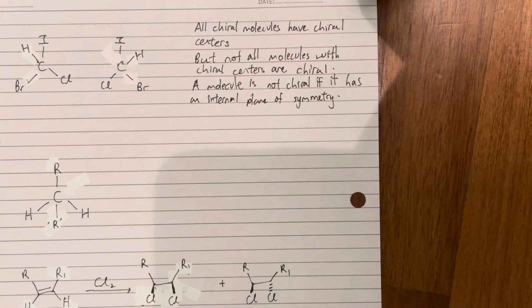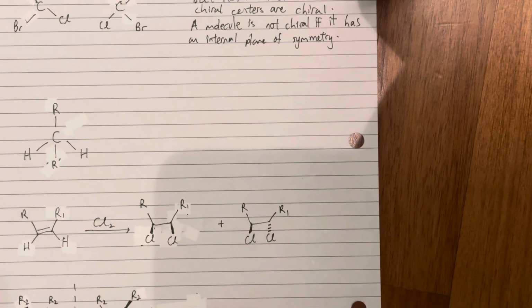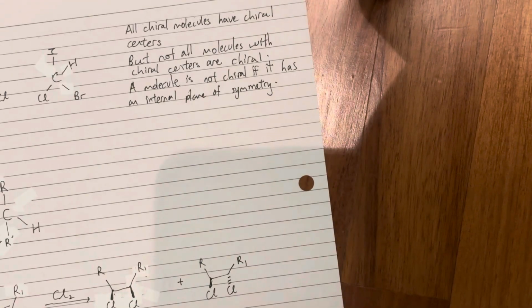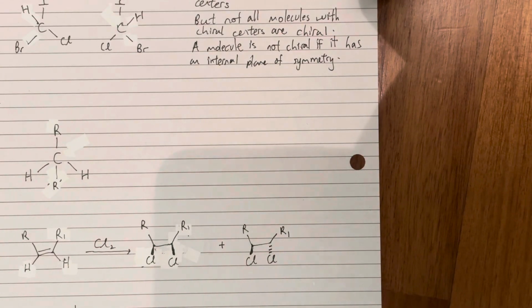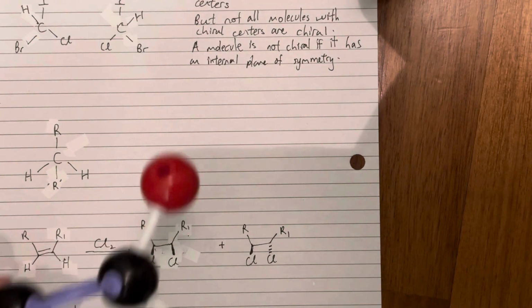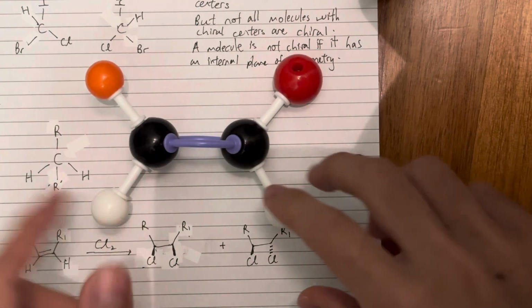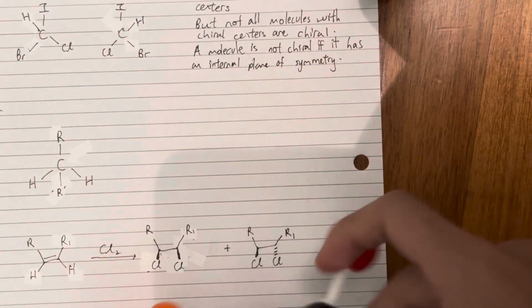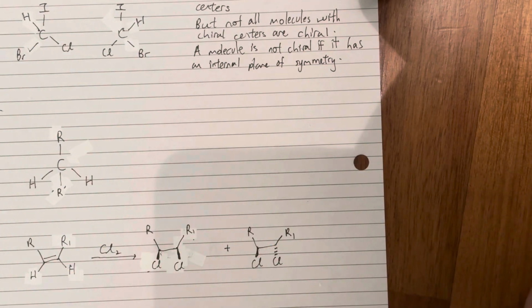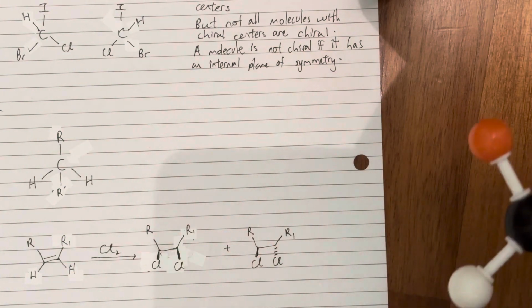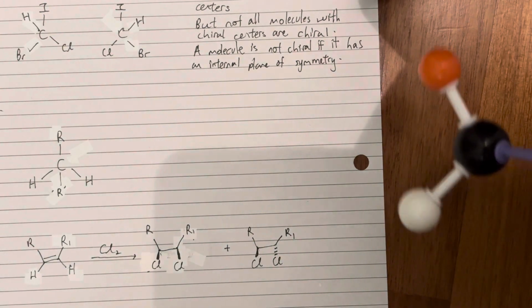Now we move on from enantiomers to a different thing called diastereomers. Diastereomer is a very cool name, but it's quite a simple concept. Let's say we have this alkene, which has a double bond. When you add chlorine across an alkene, you can have more than one product.